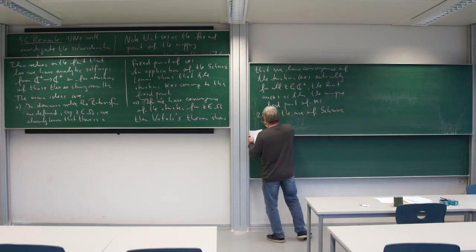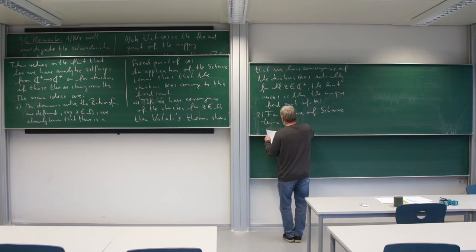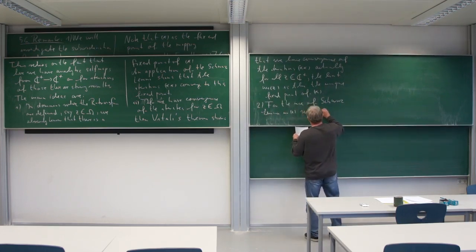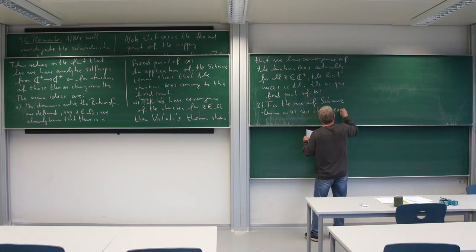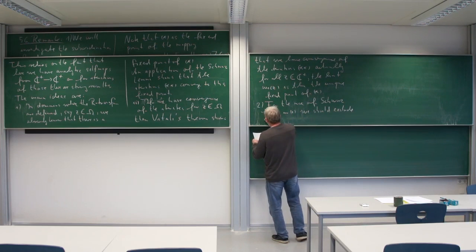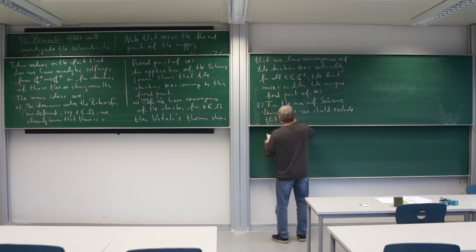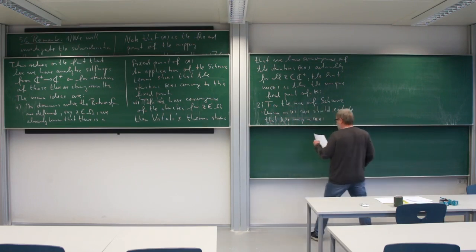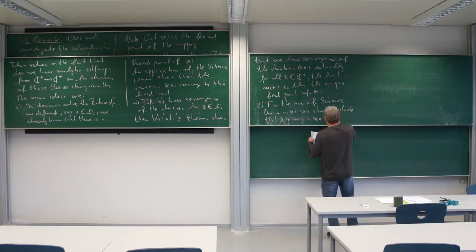The Schwarz lemma in point 1: we should exclude that the iterating map is an automorphism.